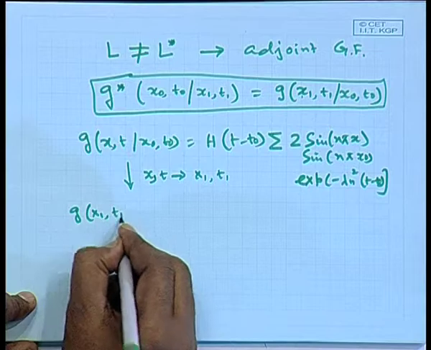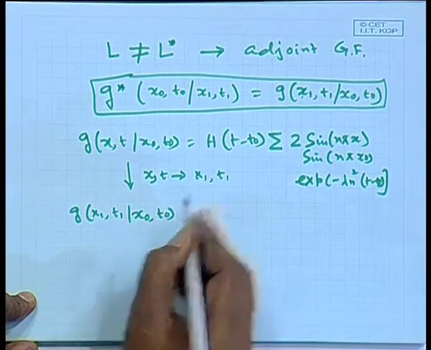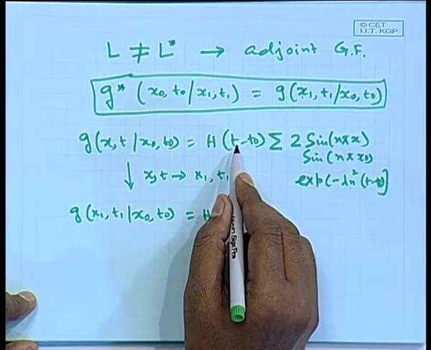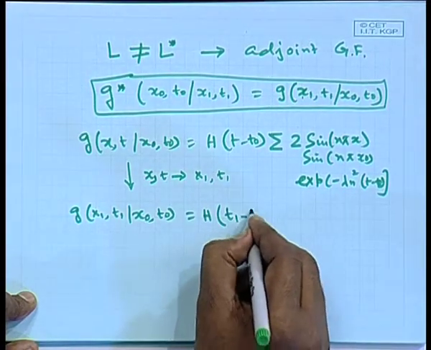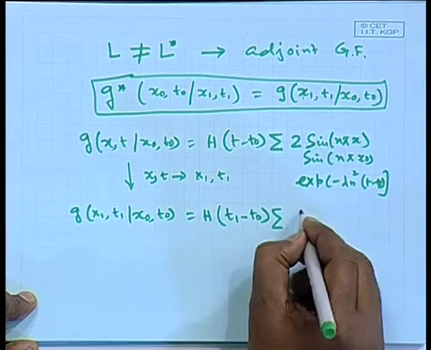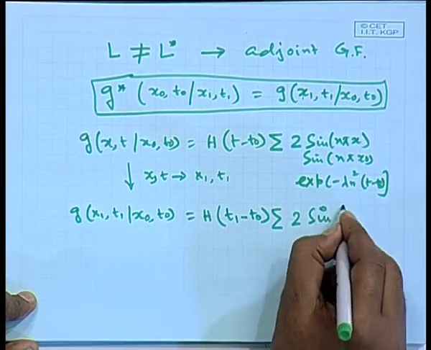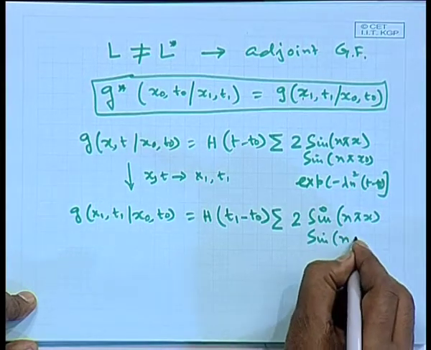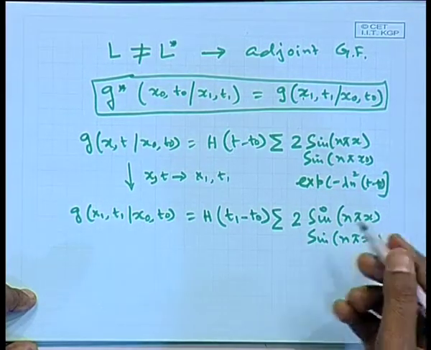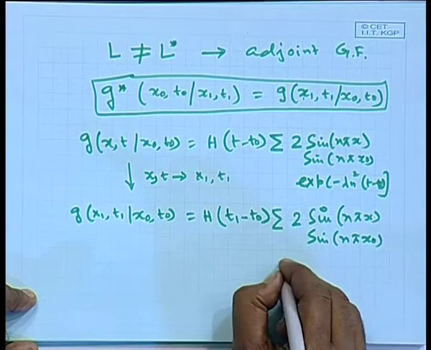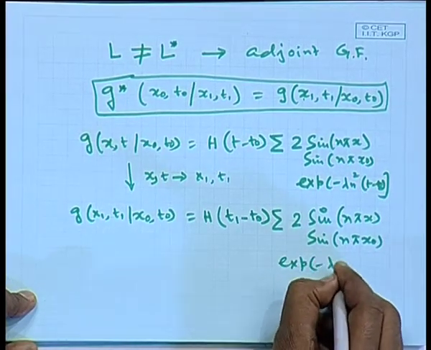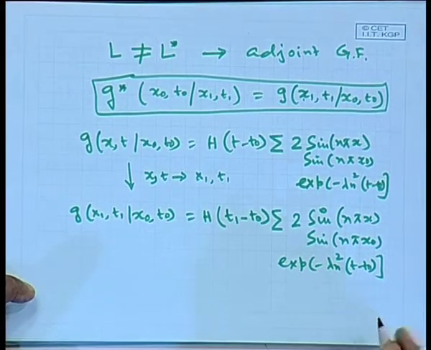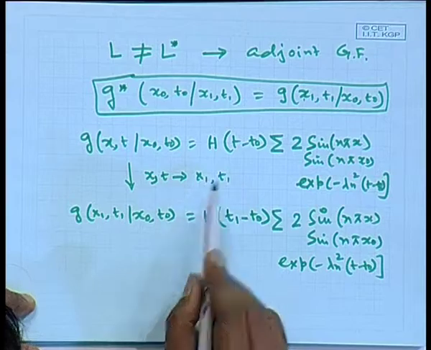G x1 t1 x0 t0 will be, this t becomes t1 minus t0, summation 2 sin n pi x1 sin n pi x naught, a product, exponential minus lambda n square t1 minus t0.